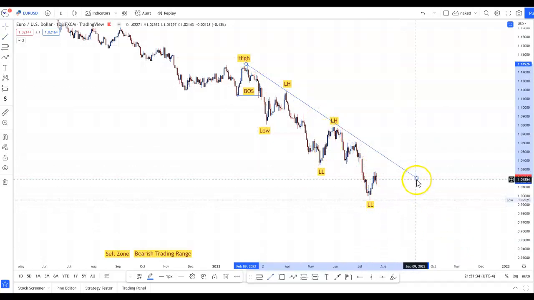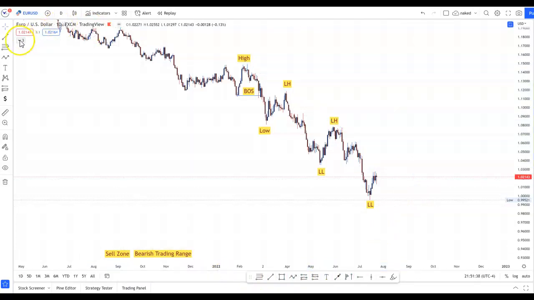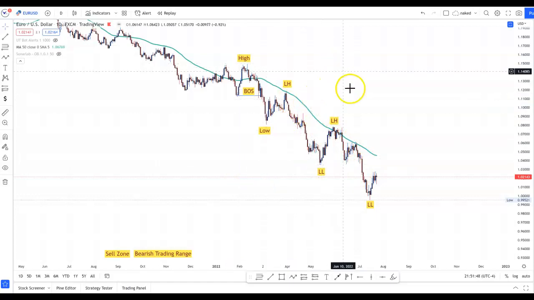And we can also use, what I like to use, our 50 moving average. We can see price is below the 50 moving average. That means we are in a downtrend. If price was above the 50 moving average, that means we would be in an uptrend, and we will look for opportunities to buy.